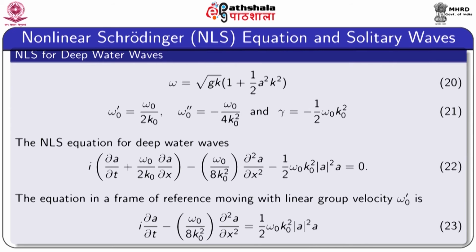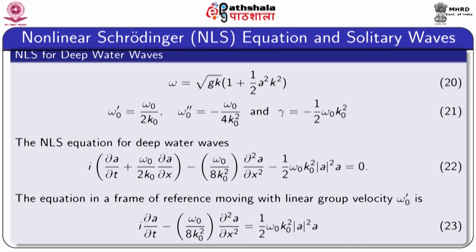Now, I want to derive the nonlinear Schrodinger equation for the deep water waves problem, starting from the dispersion relation. For the deep water waves problem, the dispersion relation is given by this, which is written in equation number 20.